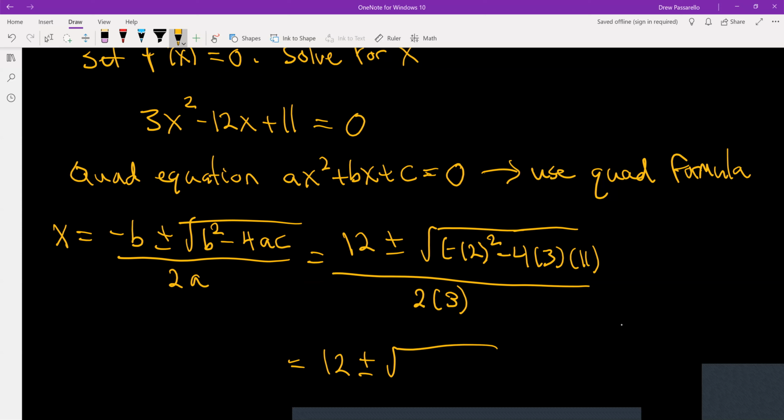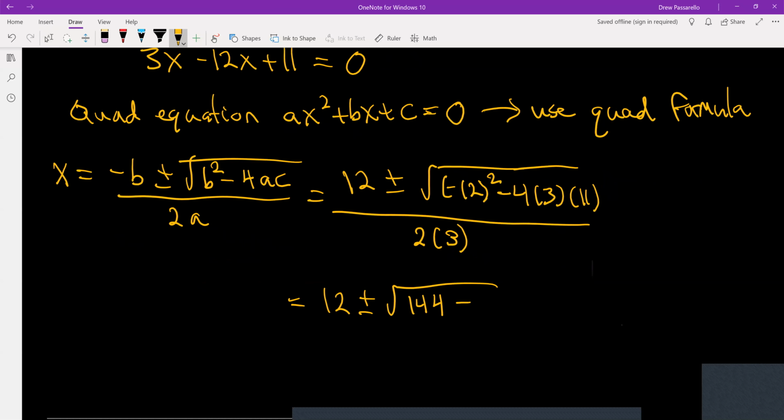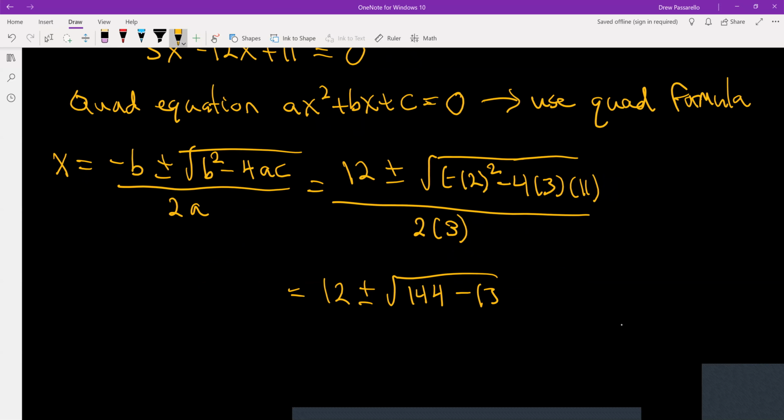All right, so if I multiply this through, -12 squared is 144. And then I'm going to be subtracting out 4 times 3 times 11, and that's actually 132. All that's divided by 6. So I have 12 plus or minus the square root of 12 divided by 6.